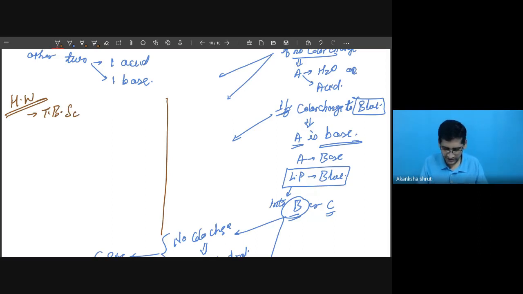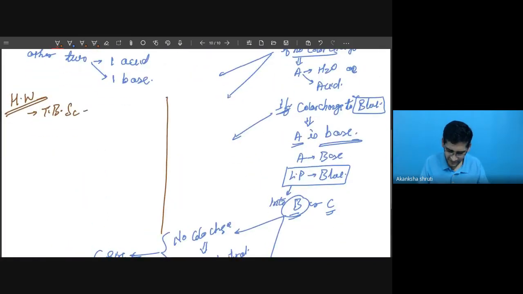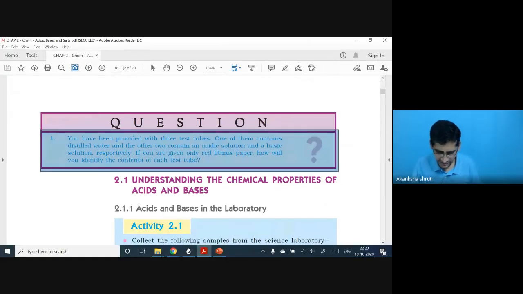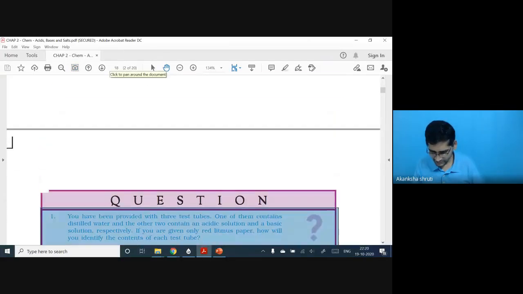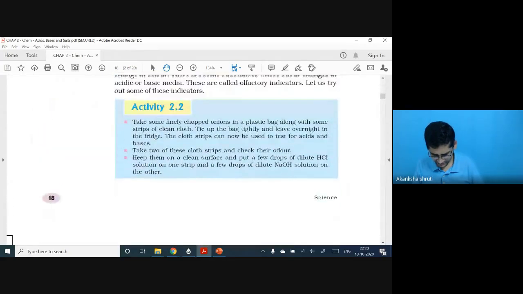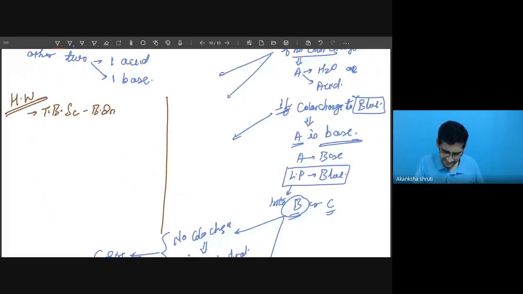The same question we just took, you have to write. The blue question. It is on page number, you may check the page number also. Yes, it is 18. Do this one question. No other can be done. The rest we cannot do now.